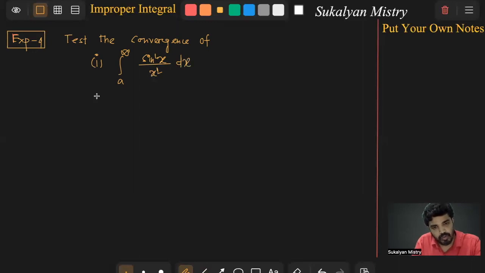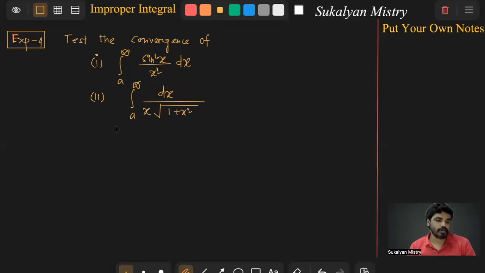Number 2, integration a to infinity dx divided by x root over 1 plus x square.